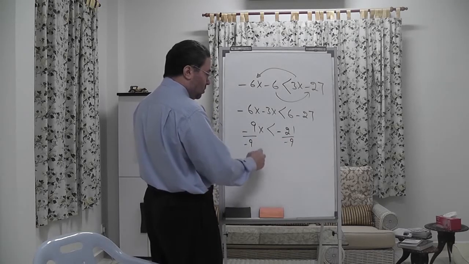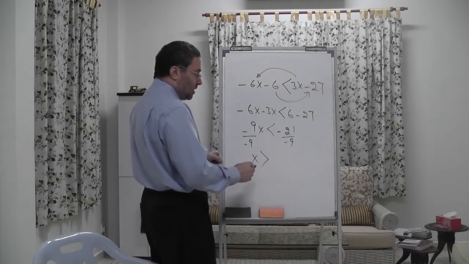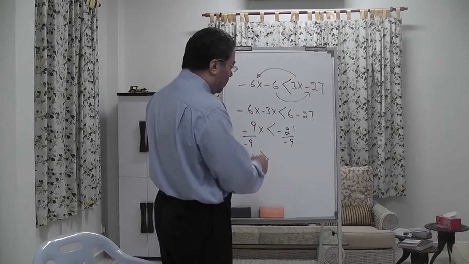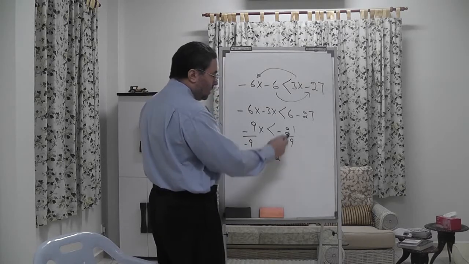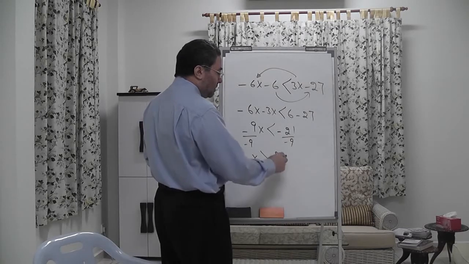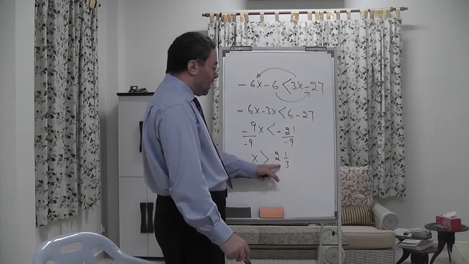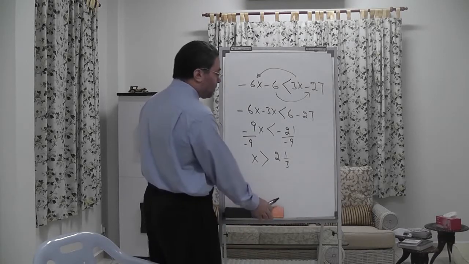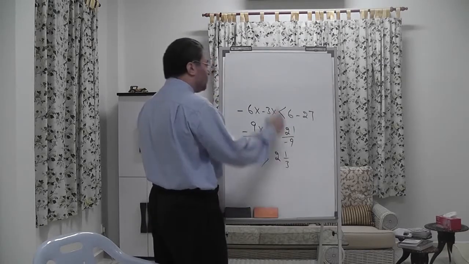So x is more than, here we get a positive number, and we are going to get a fraction, and that's 2, remainder 3, 3 over 9 is 1 over 3. So x is more than 2 and 1/3, and we can graph this as such.